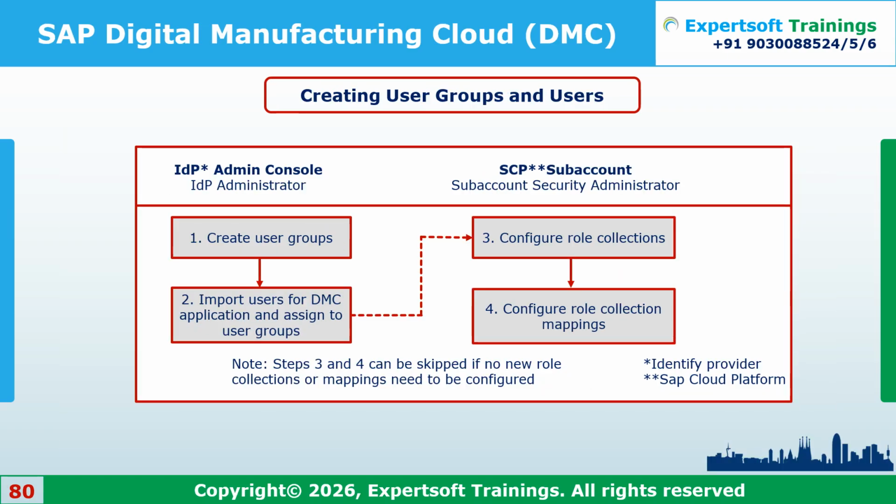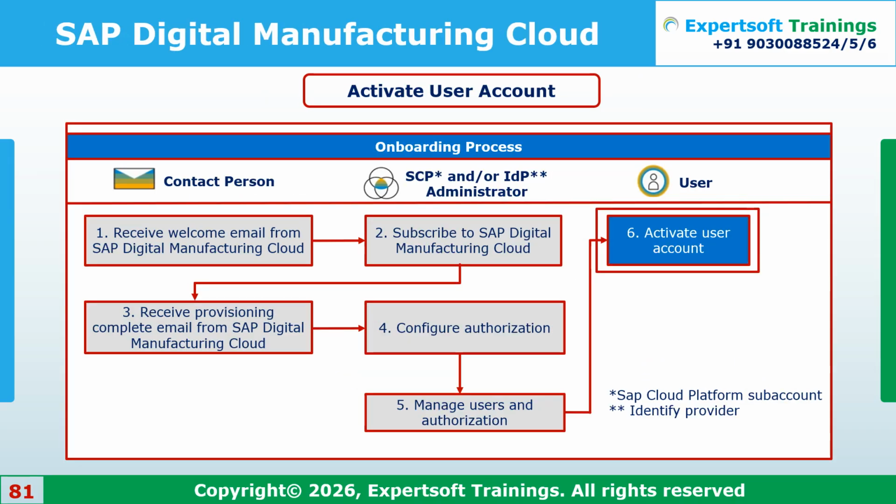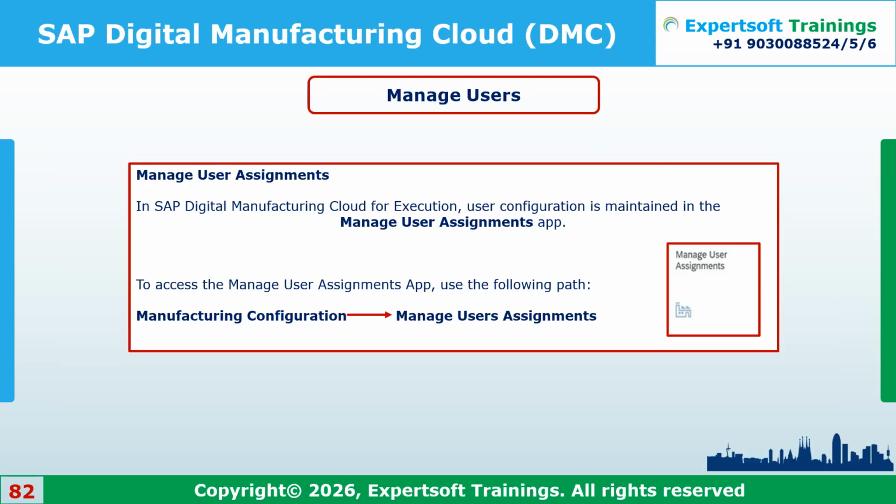And from the BTP point of view, we create a user group, and then we configure the role collection, and then we assign the accounts and sub accounts from the security point of view, and then we activate the user account.